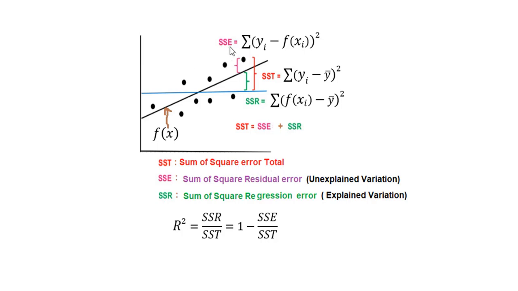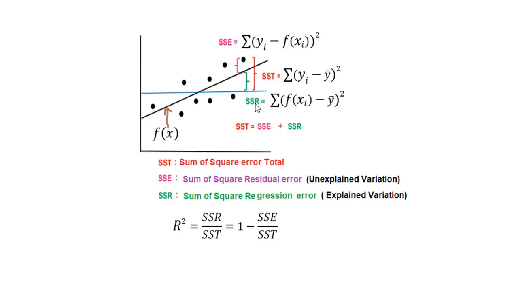SSE equals the sum of (yi minus f of xi) squared. f of xi is the regression equation we got from different methods.